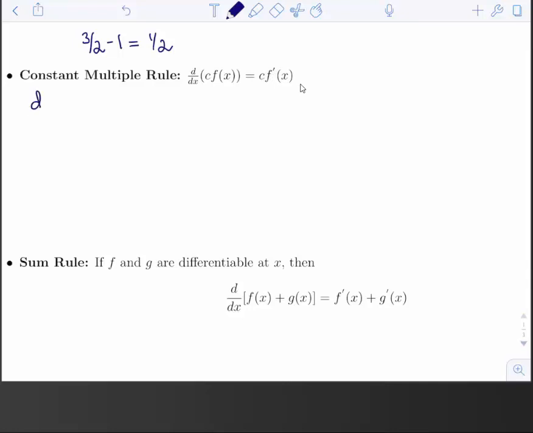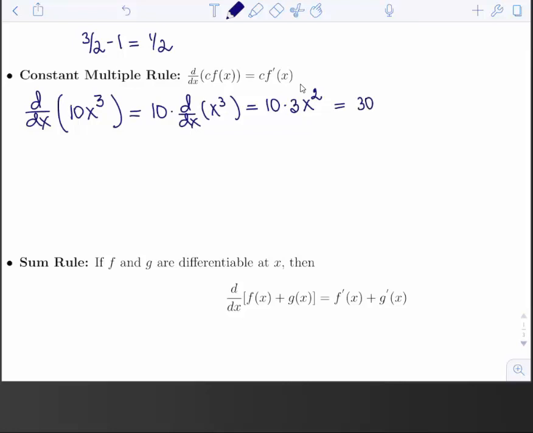Okay, so let's go through some examples. d dx, let's say 10x cubed. I can take the 10 out times x cubed. That would give me 10 times what? 3x squared. And we can multiply 10 by 3, so we get 30x squared. Okay?